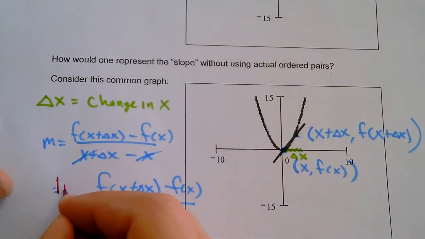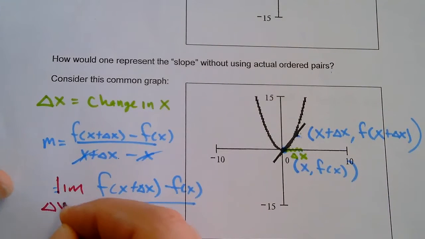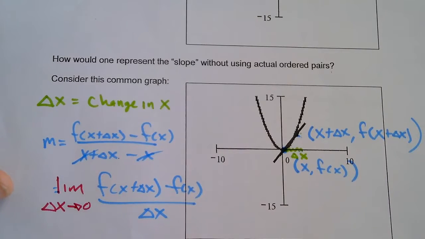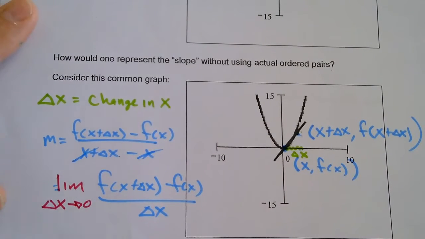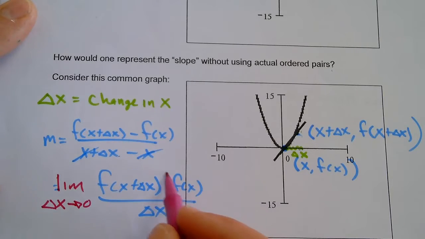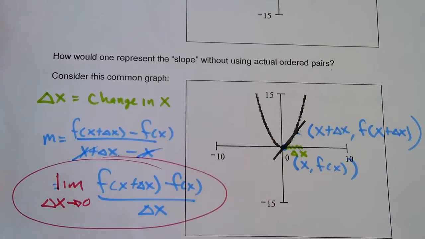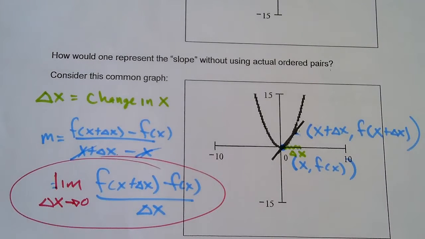So if I find the limit as delta x approaches 0, I would be able to find the slope of that function at any x value that I so choose. And this, ladies and gentlemen, is the basic idea of the derivative, finding the slope. This is called the definition of the derivative.